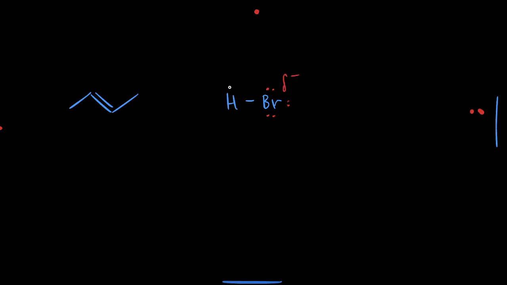And because this hydrogen is being deprived of its electrons for some period of time due to bromine's high electronegativity, this hydrogen is going to have a partial positive. This partial positive hydrogen is thus going to be our electrophile. Now, looking at our alkene, we can see that it has these pi electrons.